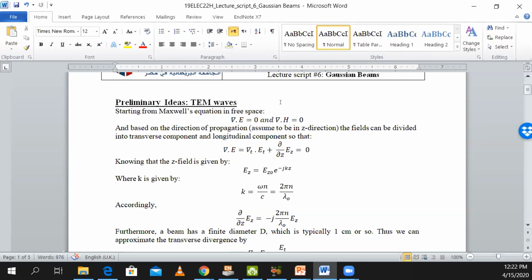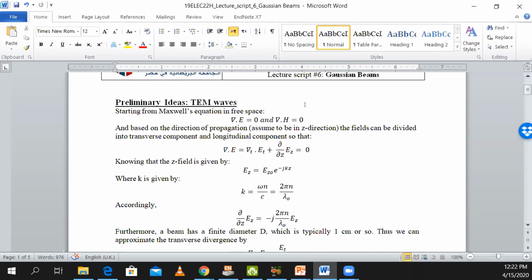And as far as the photon is a wave, we can apply the main wave theory on the photon. And I believe you 100% know that one of the main theories applied on the photon, or on electromagnetic waves in general, is Maxwell's equation. So basically, in general, in order to find an electrical field and a magnetic field for any electromagnetic wave, you have to go to Maxwell's equation and solve it under certain boundary conditions.